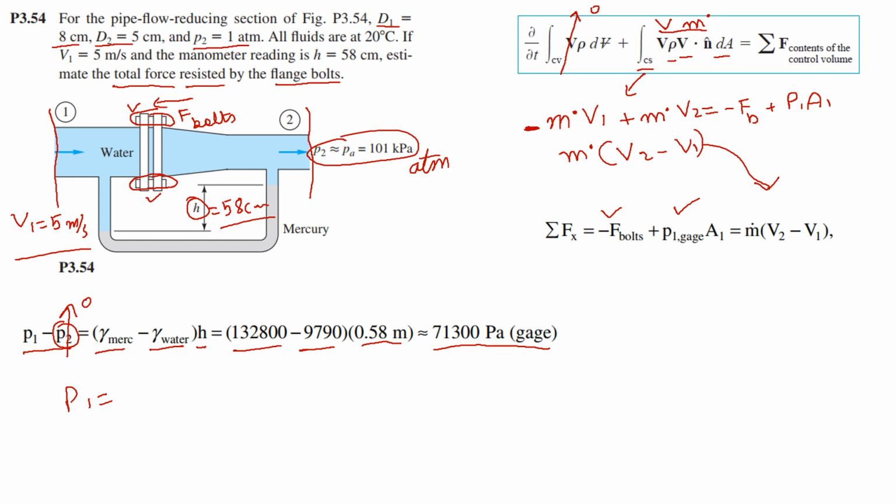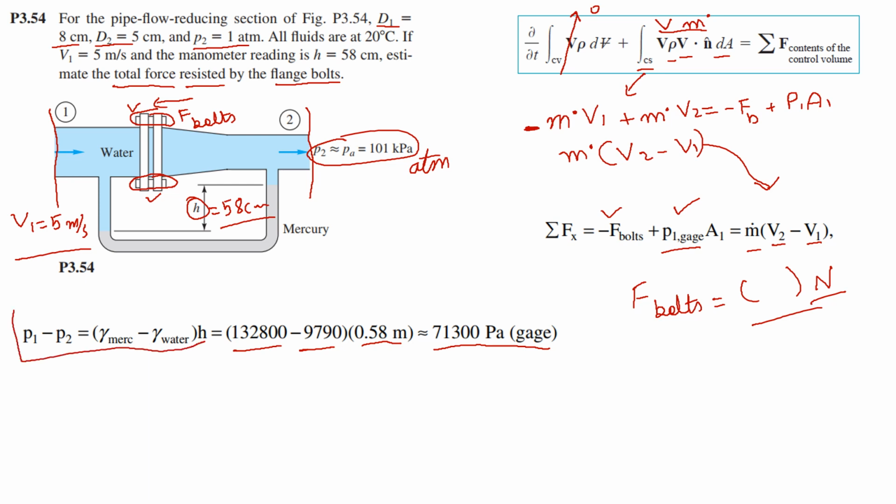So now you know your P1 and you can put the values here. We found out V2, V1, m dot, and by arranging this equation for this unknown, you can find the forces that are required. So coming back to this equation, you can use the manometer to find this term.